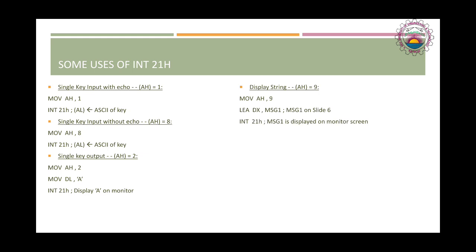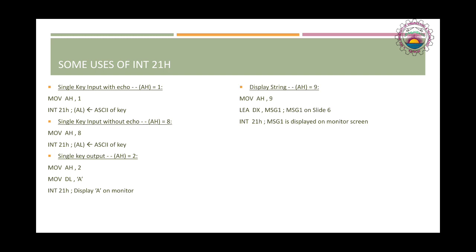Then you may invoke the string display function by having 9 in AH. Here you have 9 in the AH register, then you have written an instruction LEA, that is load effective address. Within DX you have the address of MSG1.